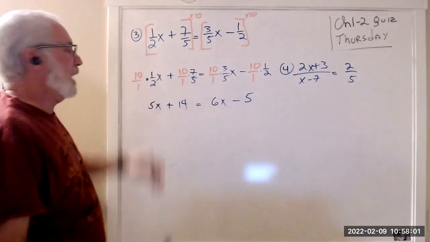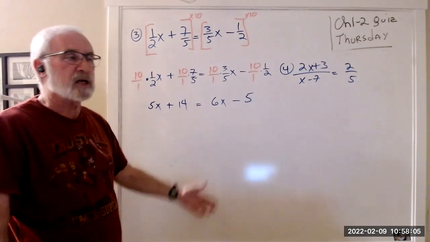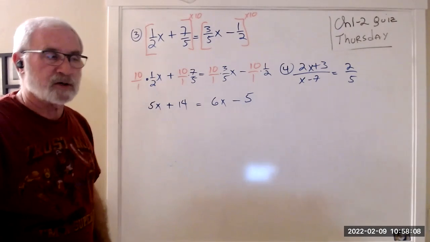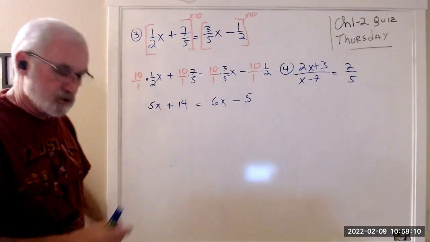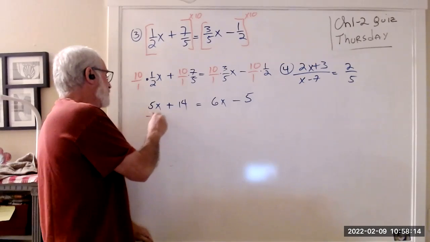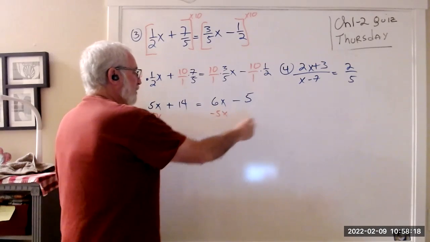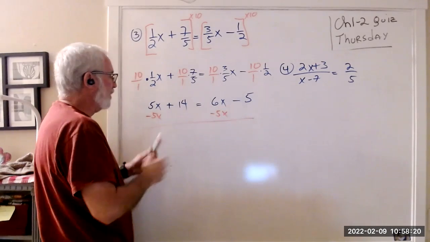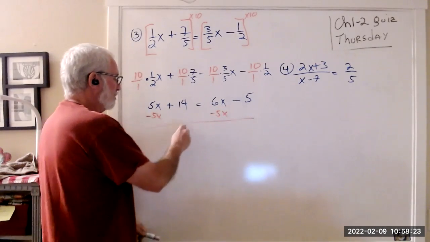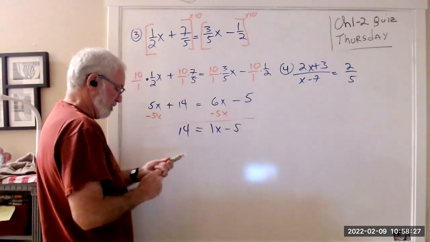Okay, so now this is just a normal equation. Get x's on one side, ordinary numbers onto the other side. So I think personally, I'm going to take 5x away from this side. I'm going to get rid of this 5x, take 5x away here. That gives me 14 equals 1x minus 5.